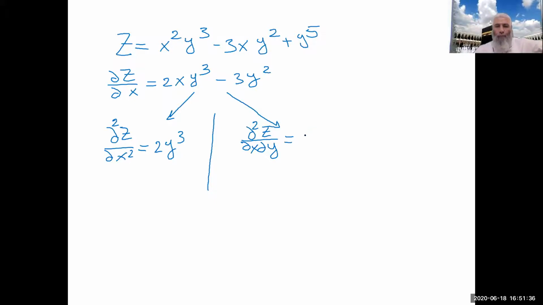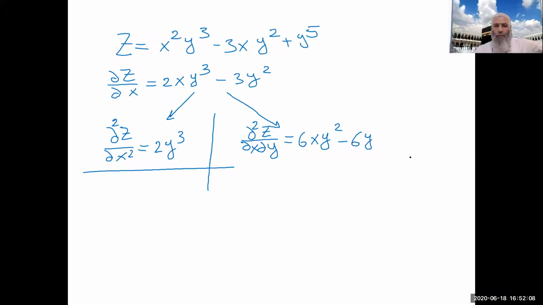We have here 2x multiplied by 3y squared, so 3 multiplied by 2 is 6, and this will be 6xy squared. Minus 3 times 2 is 6, so it would be 6y, just y.